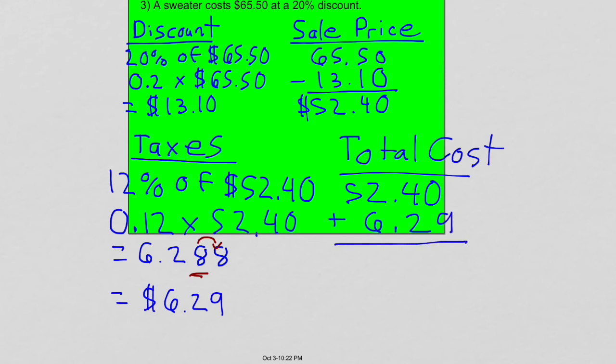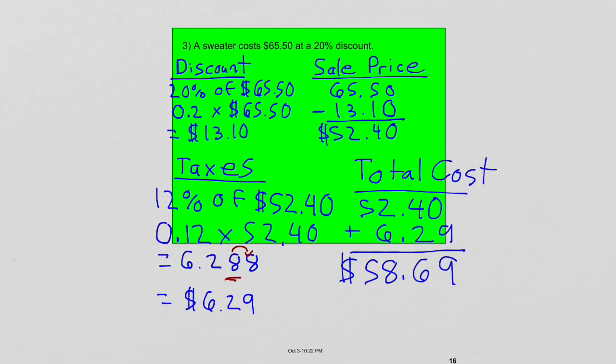And when you work that out, you get $58.69. And that's the total cost of the item, the total cost you'd pay.